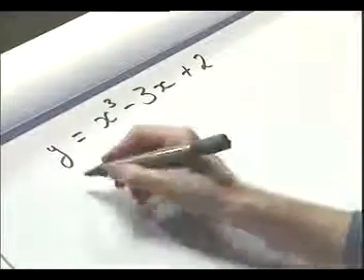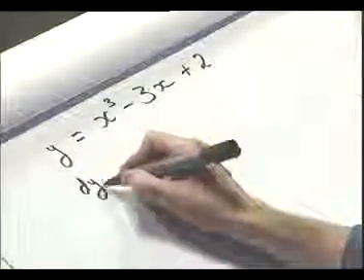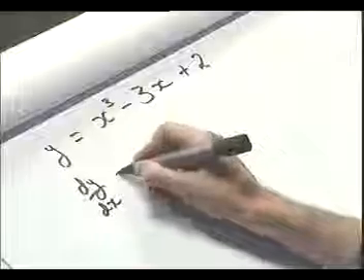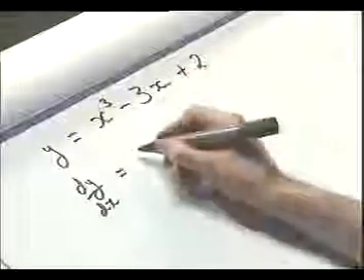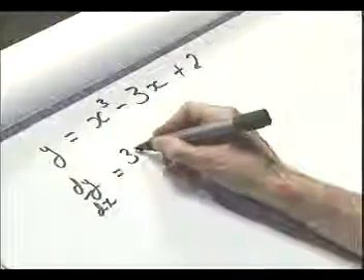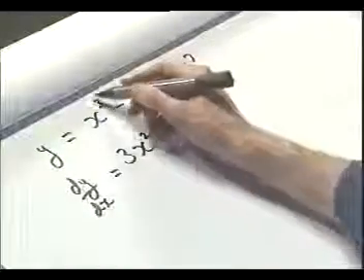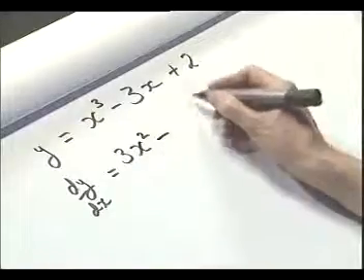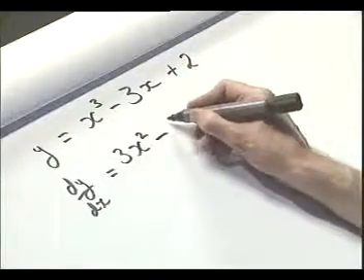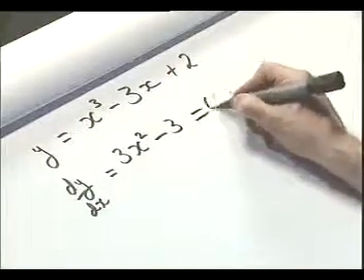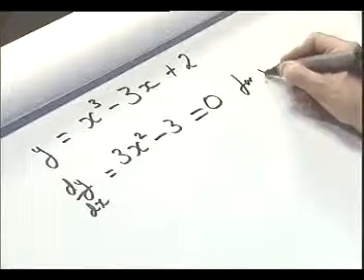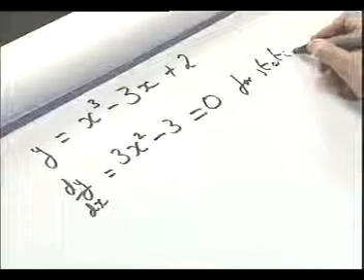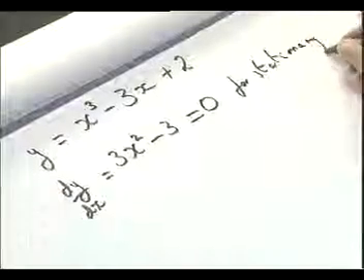So the first thing we need to do is differentiate it. dy/dx equals, and if we differentiate this, we have 3x squared, we multiply by the index and subtract 1 from it, minus, and the derivative of the 3x is just 3, and this is equal to 0 for stationary points.